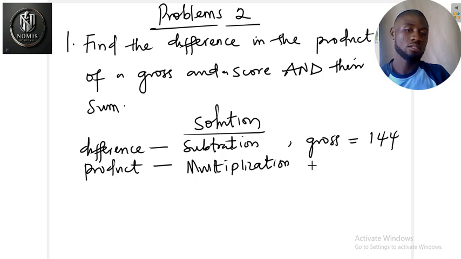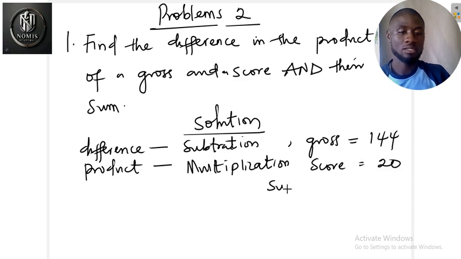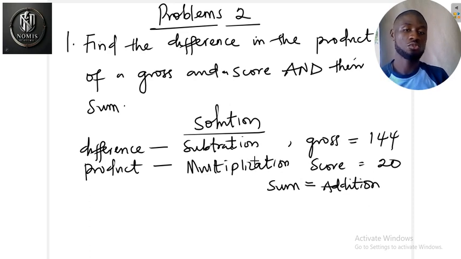What about a score? A score means 20. And in mathematics as well, we can tell that sum simply means addition. So let us now use the understanding of these words and what they mean to solve the problem.